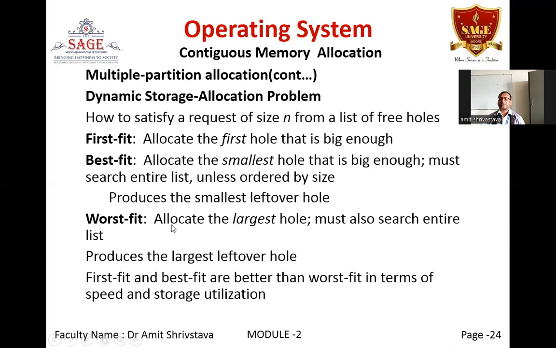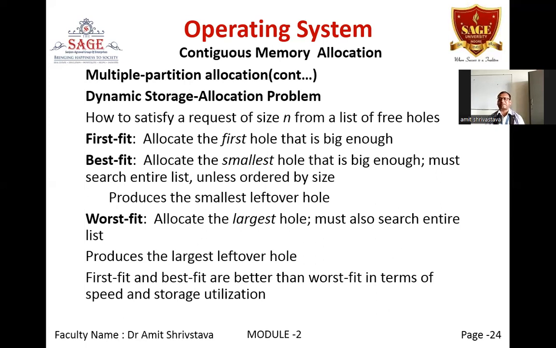Worst fit is the opposite of best fit. It allocates the largest hole. Again, for this also, I will have to search the entire list. So what is the benefit of worst fit, and what is the disadvantage of best fit? The worst fit advantage is that if we use the largest hole, let us discuss the previous example again.